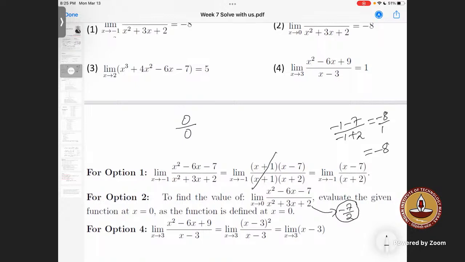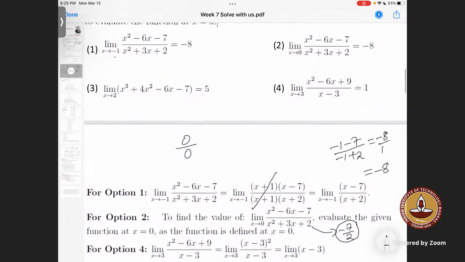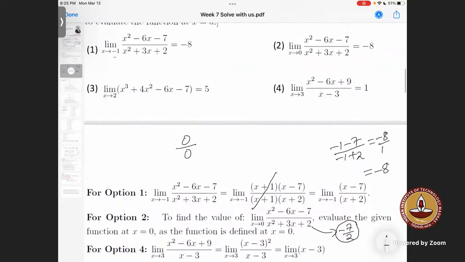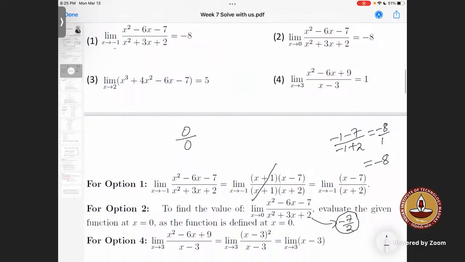Just put the value. But it is given as minus 8, so it will be incorrect. For question 2, the limit exists, but the limit value is not given as correct. It is given as minus 8. It should be minus 7 by 2.